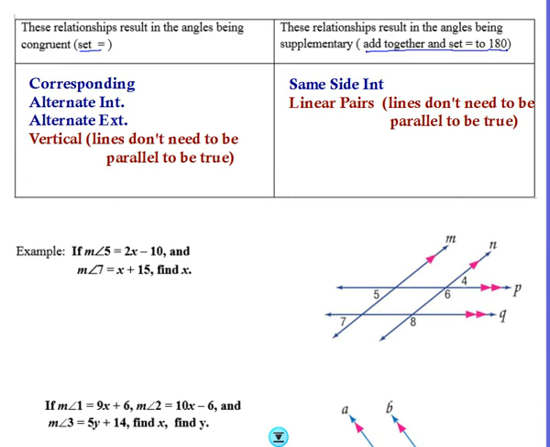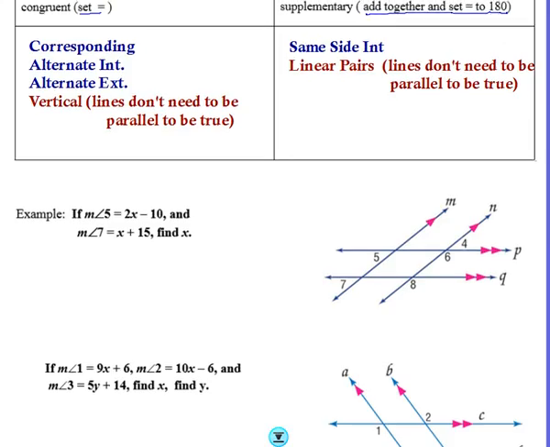So how do we apply this information to problems? Let's take a look at our two examples here. So in our first problem, we are told that the measure of angle 5 is 2x minus 10, and we are told that the measure of angle 7 is x plus 15. So what you want to do is pinpoint what angles you are looking at, and then identify which angle relationship those things are.